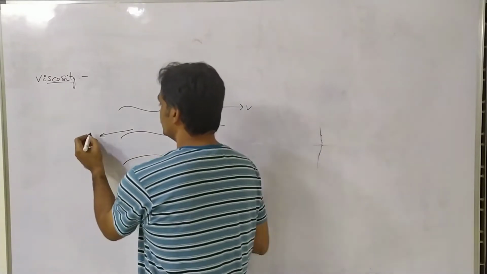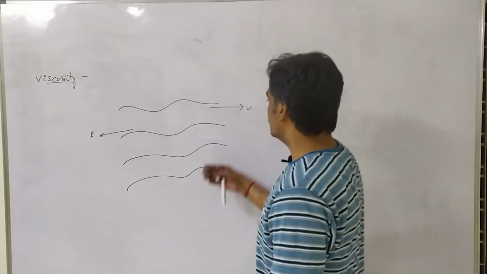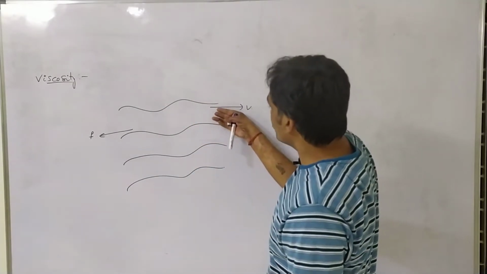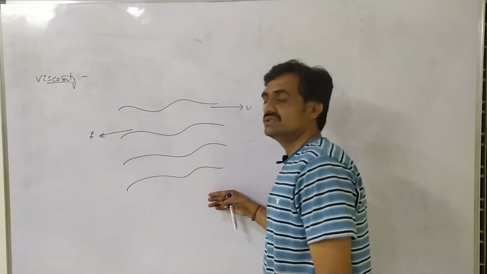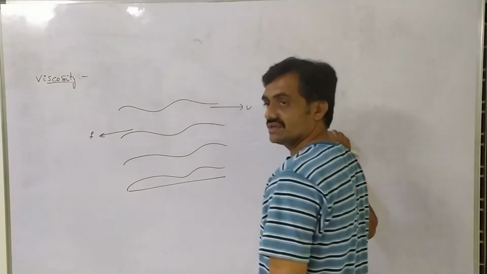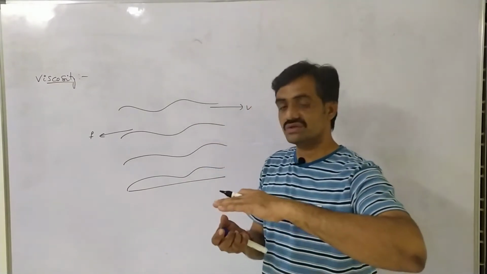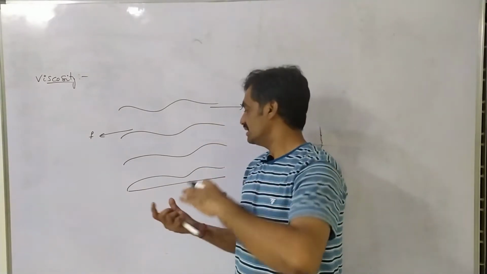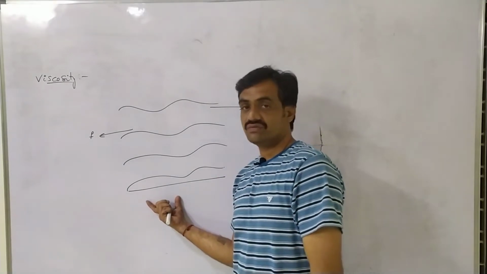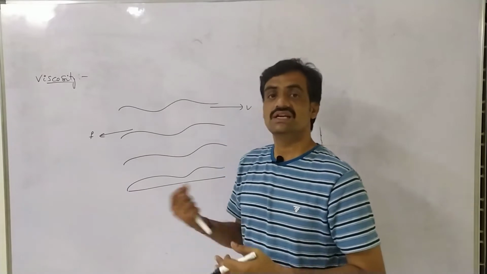This force is known as frictional force. And here, as we move from up to down, the velocity decreases. And here we consider almost the velocity beneath the surface of earth equals 0. It is an approximation.